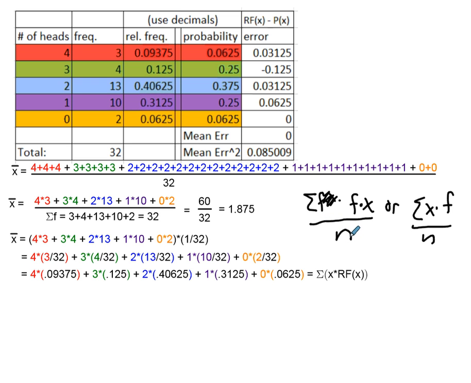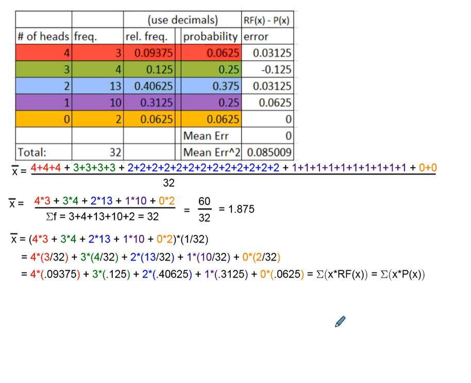We're just distributing that n to each term, so we're having f over n. That's the relative frequency. Now we don't have a denominator. We've already done all those divisions. For a probability distribution, we're using relative frequency as a substitute, as our best guess of that probability. And so instead of saying relative frequency of x, we're saying the probability of each x.